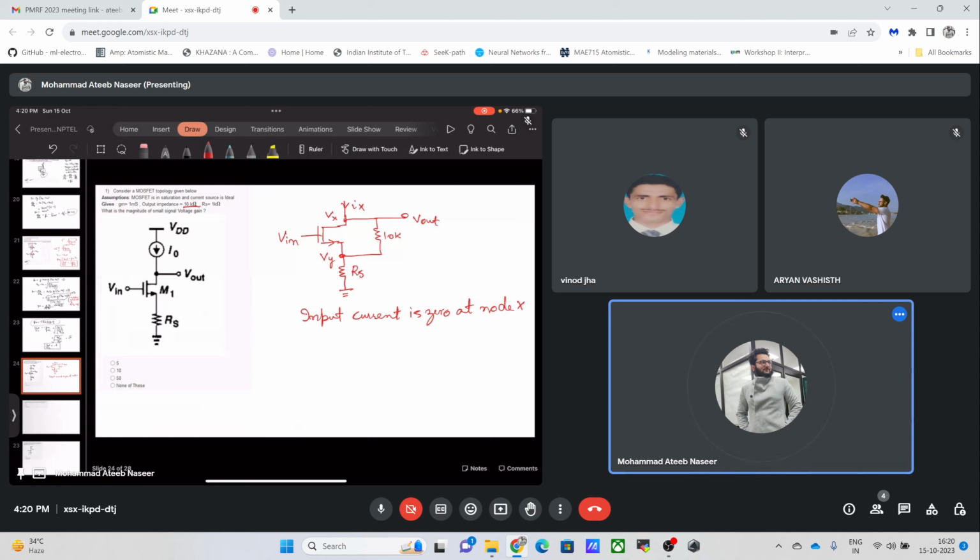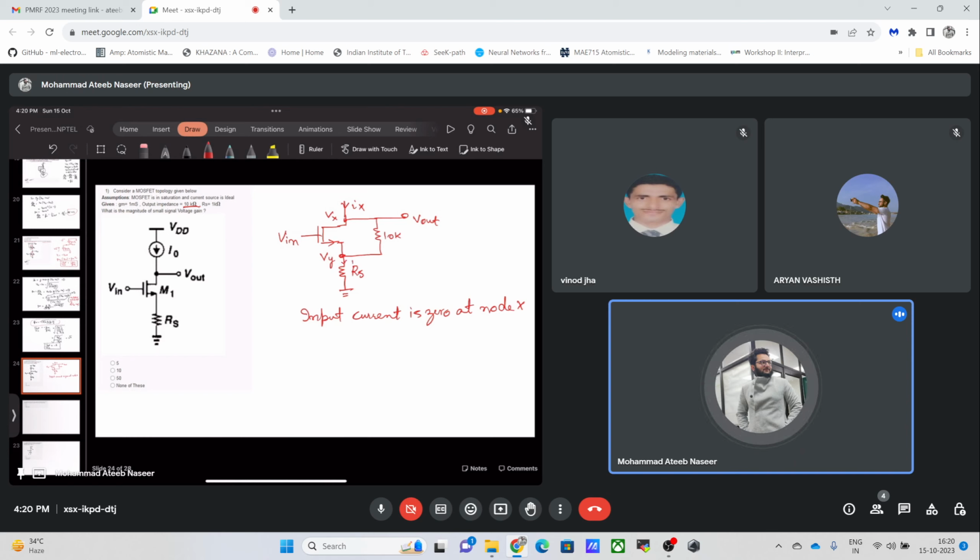Because we are drawing the small signal equivalent, we know that the voltage source will be grounded and the current source will be open. So at this point we will have no input current at node X, and in order to obey KCL, when there is no incoming current, there will be no outgoing current at node Y as well.